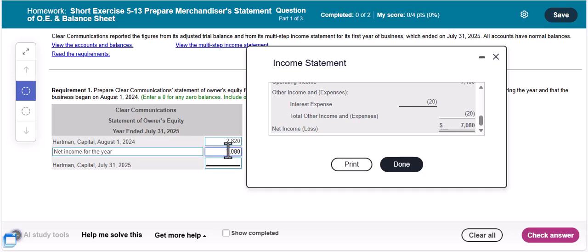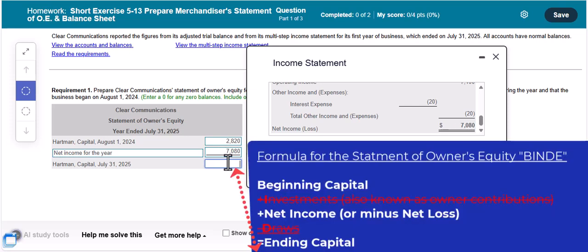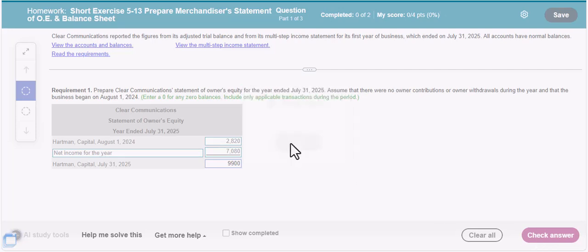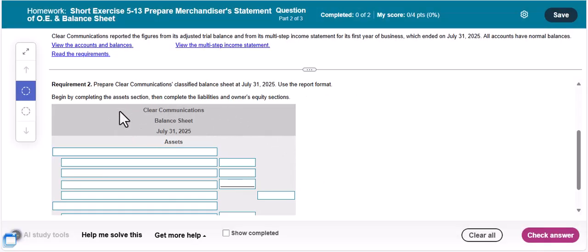So then the total here, the ending capital, because we were also skipping draws since there was no withdrawals from the owner, that is going to be the beginning capital plus the net income for the year, and then that's going to give us our ending capital. So that total is going to be $9,900. So let's go ahead and check our answer. Nice work.